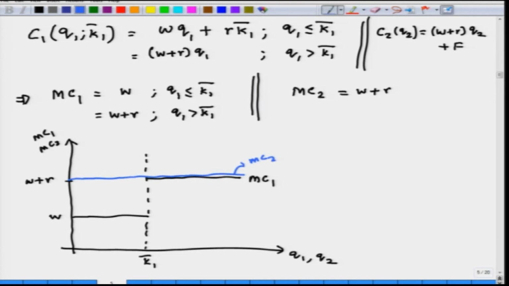So, this graph essentially explains why investment in capacity can have a commitment value, right.